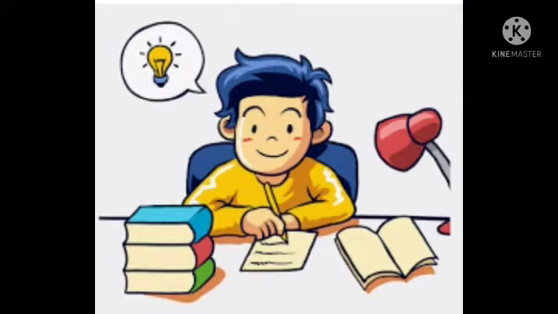In the last class, we learned about chemical equations. What is called a chemical equation? A chemical equation is the shorthand form of representing a chemical reaction using symbols and formulae.